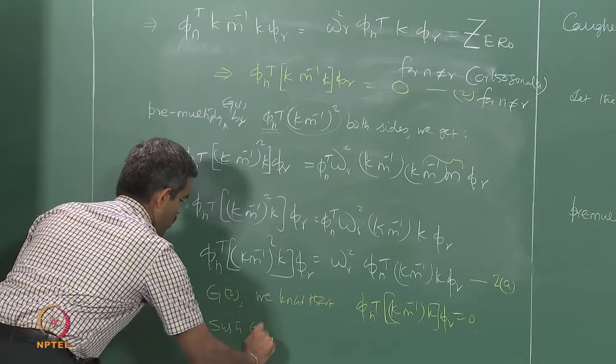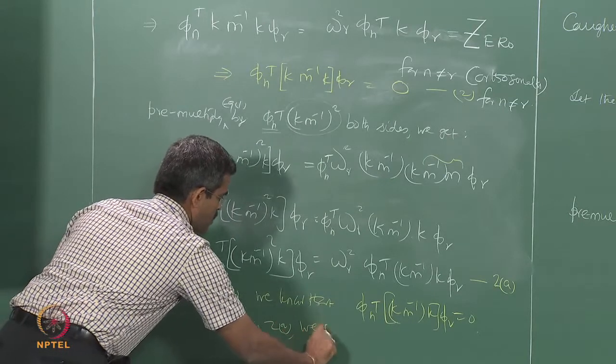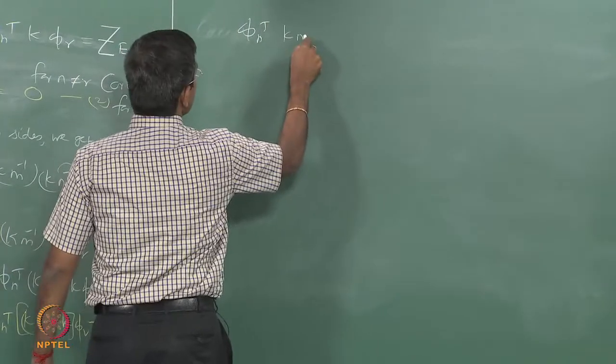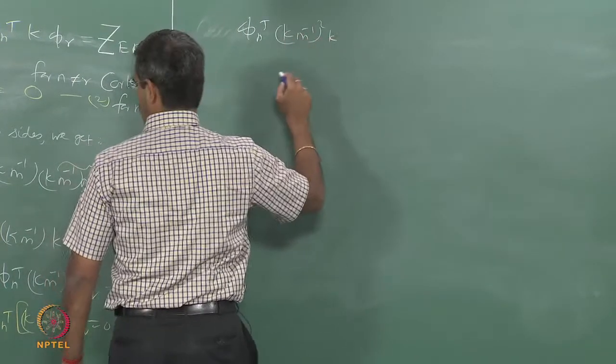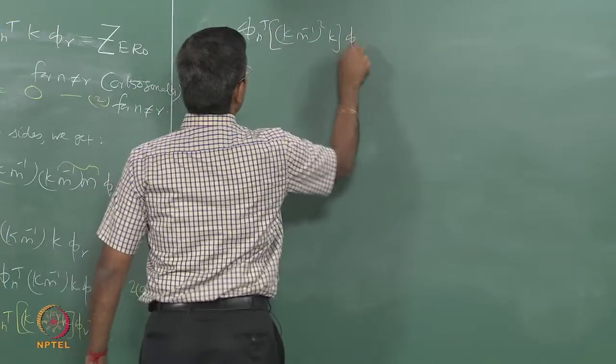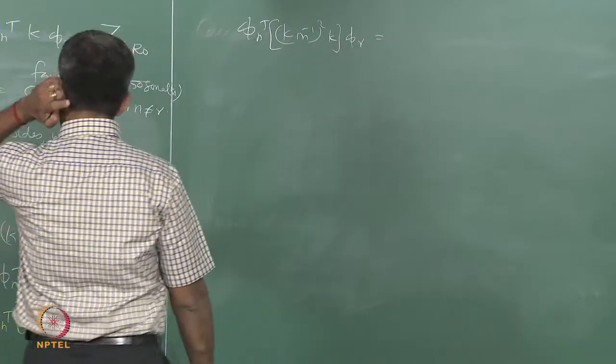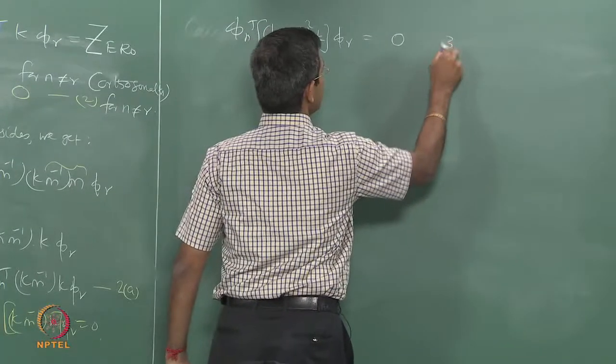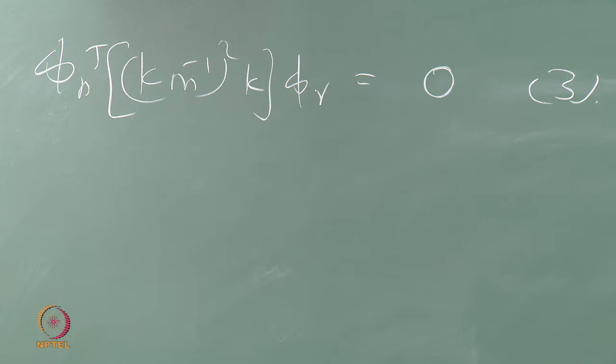Substituting in equation 2a, we get phi n transpose k m inverse square k phi r is actually 0, for of course n not equal to r.